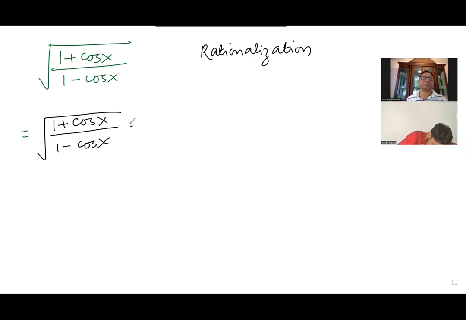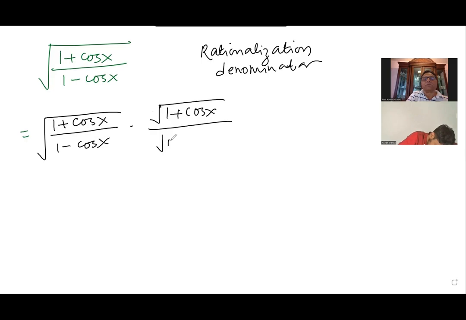So what we do in this particular case is to rationalize the denominator. It means multiply by the conjugate of the denominator. So we'll multiply the numerator by 1 plus cos x and the denominator also by 1 plus cos x. Dividing and multiplying by the same term means multiplying by 1, which is not going to change the equation, right? The equation is still the same.